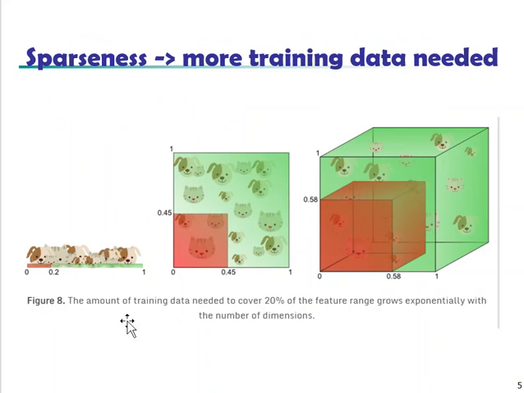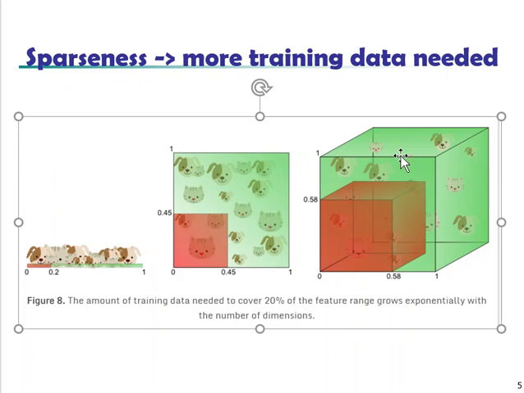This illustration shows that in order to occupy the same percentage of the feature space, we need a lot more training examples when we have a high dimensional feature space. Here, in order to occupy 20% of the space, we probably just need one dog or one cat. Their value is going to fall in this range.